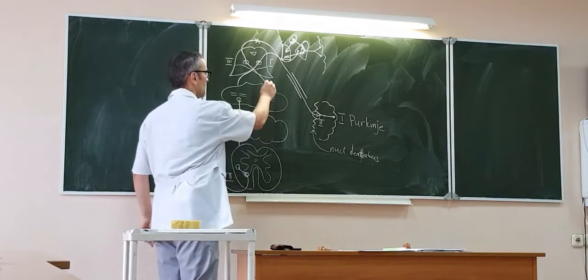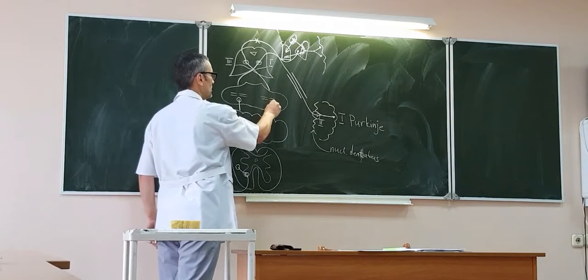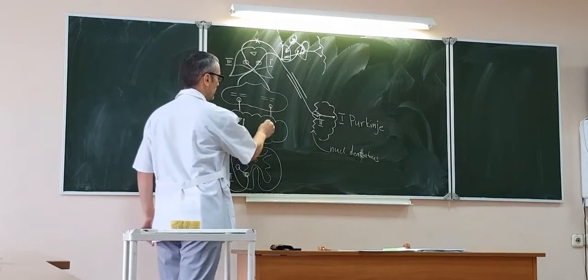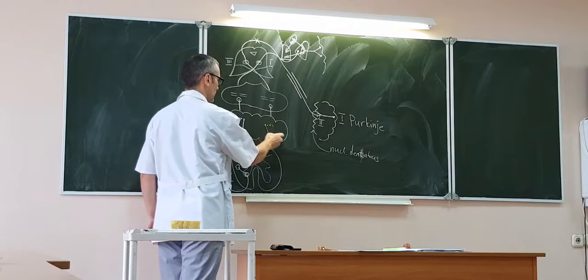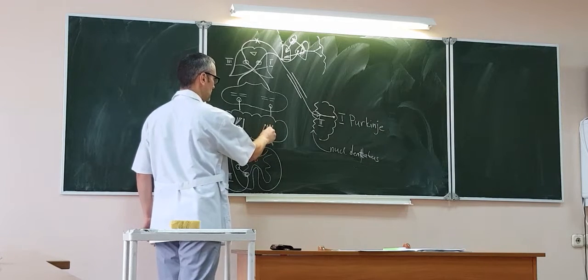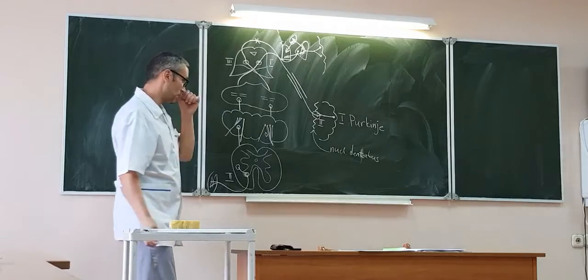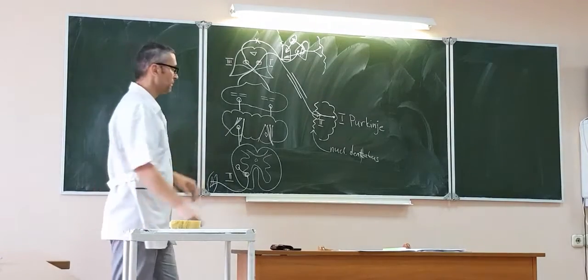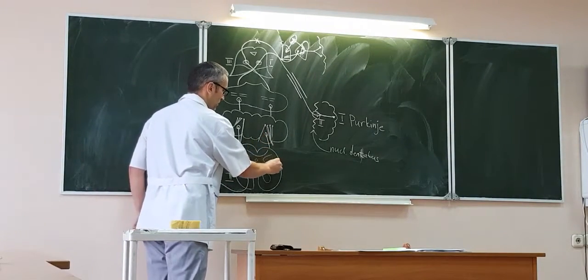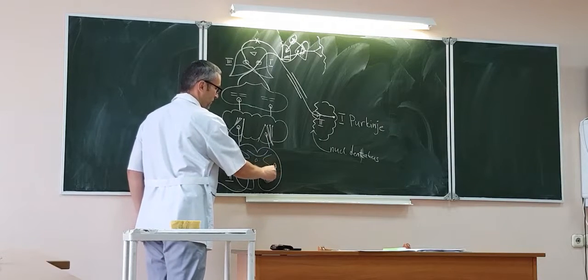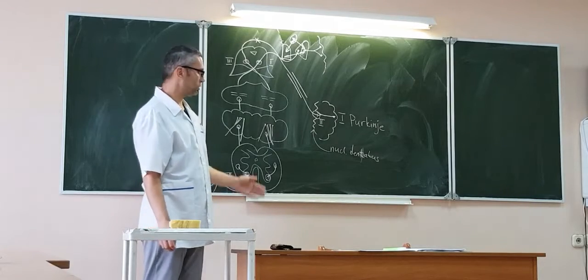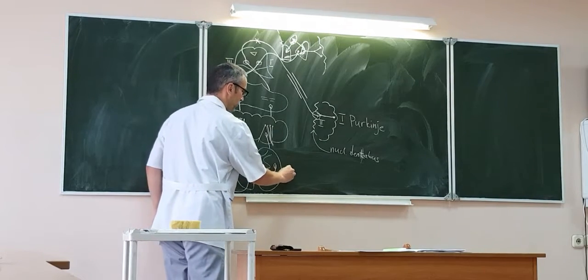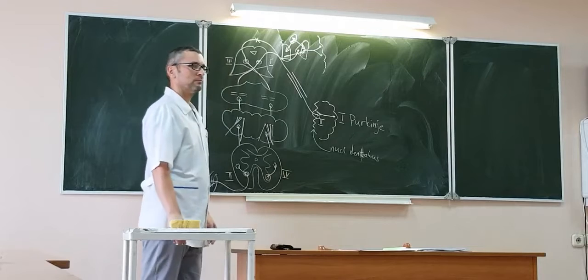Then it goes to the pons in its ventral part, then in the medulla, in its middle lateral part, then the spinal cord lateral funiculi, and comes to the motor nuclei of the anterior horn. The motor nuclei of the anterior horn are bodies of fourth neurons.